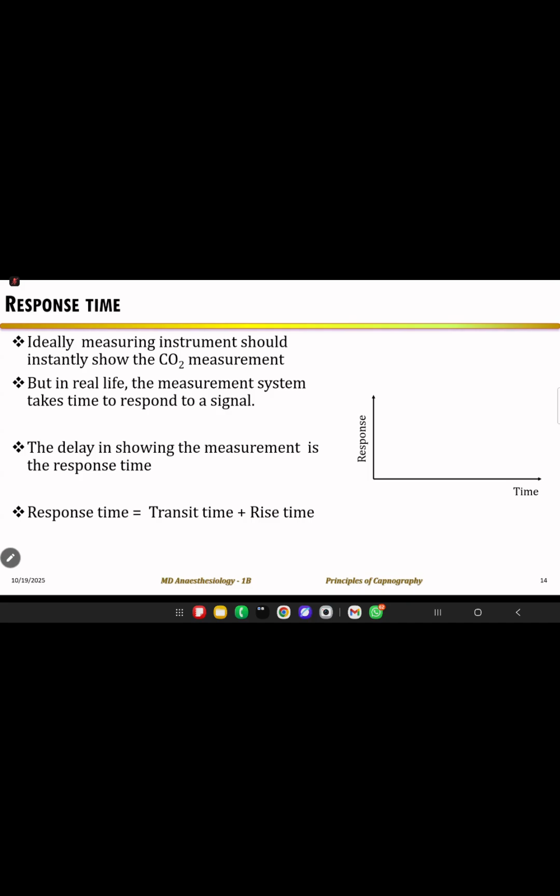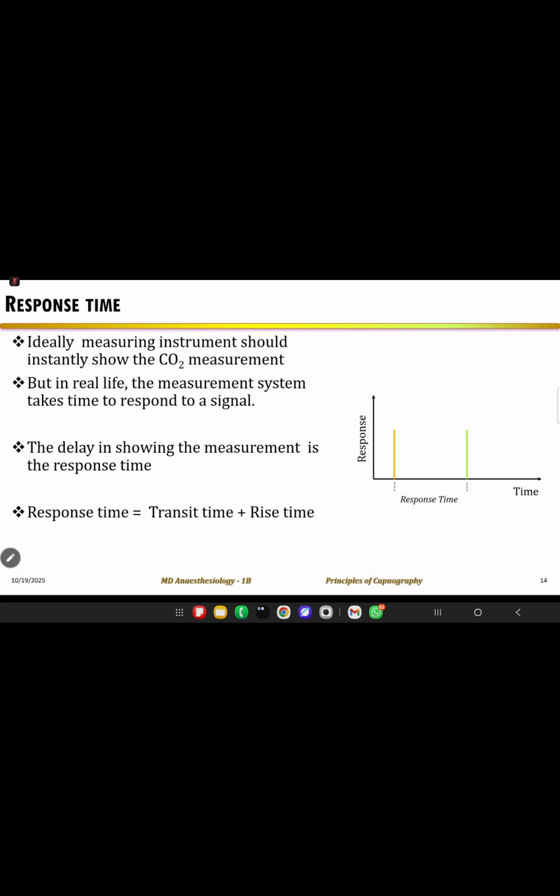And the response time can be divided into two factors. One is the transit time and the other is the rise time in relation to capnography. Now you see this graph on the right-hand side. The orange line shows the actual value.